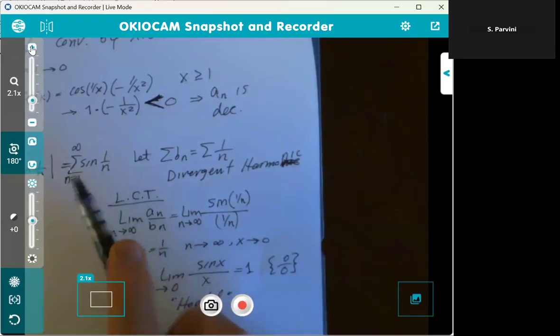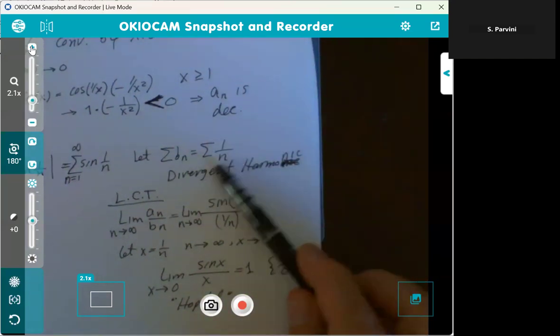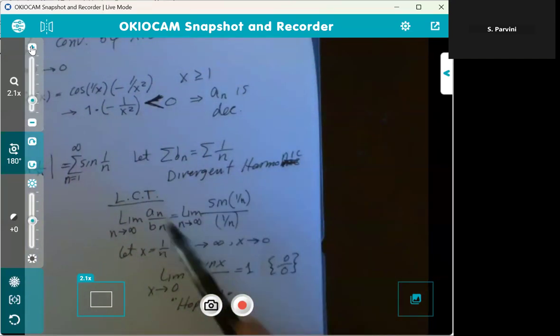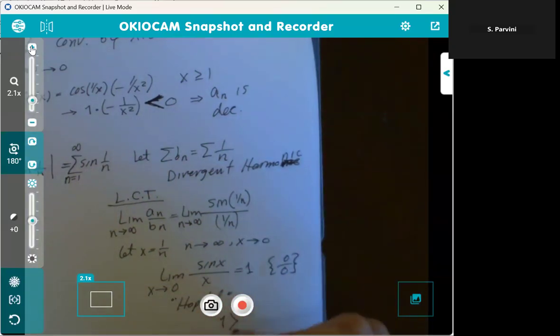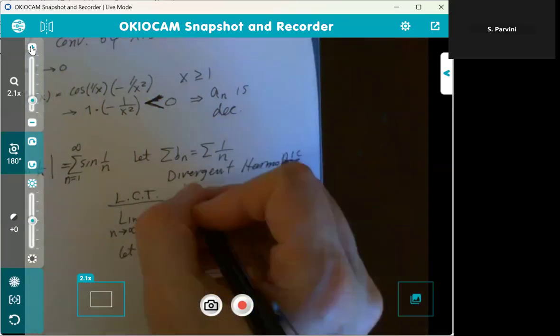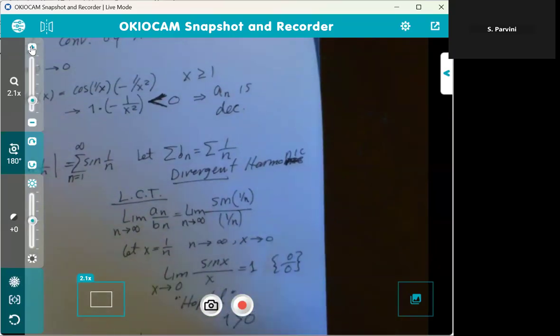Because the harmonic series diverges, and the ratio of them is 1, and that limit 1 is greater than 0, by LCT, the limit comparison test, they both have to diverge because 1 over n diverges. By LCT, the sum of sine 1 over n diverges.